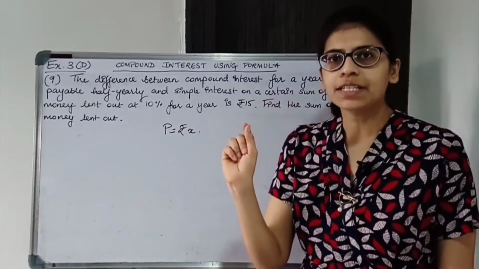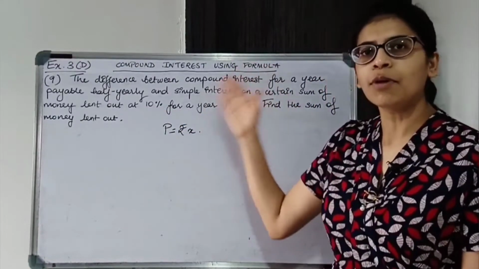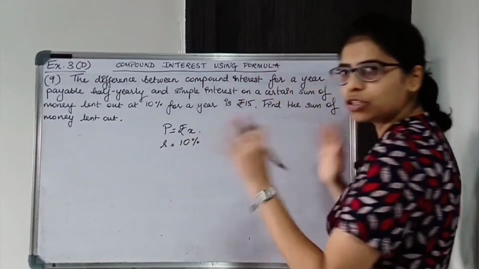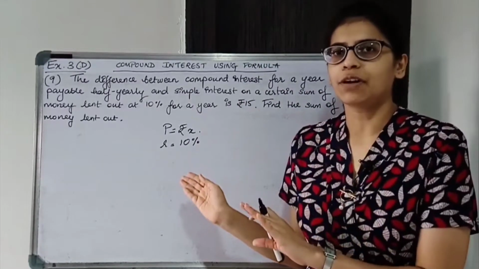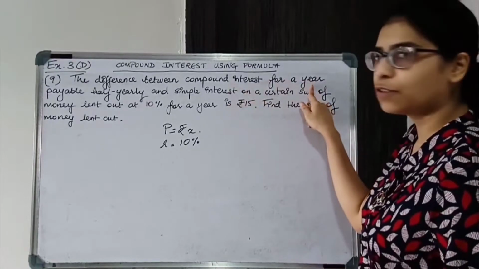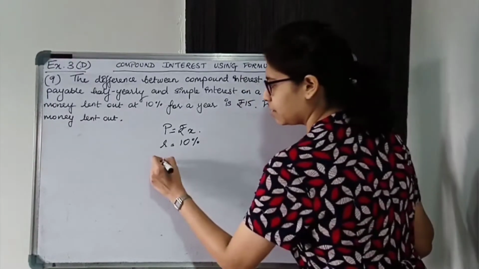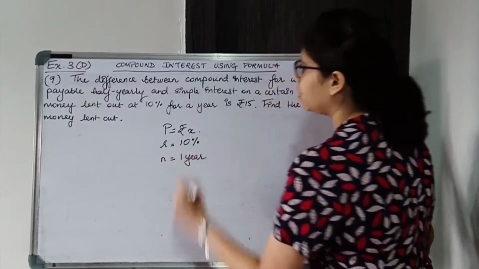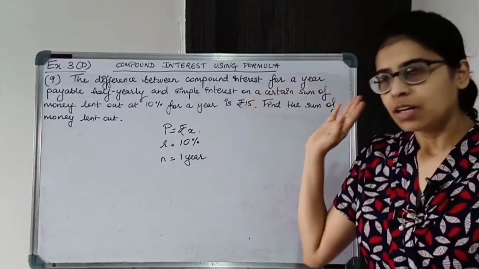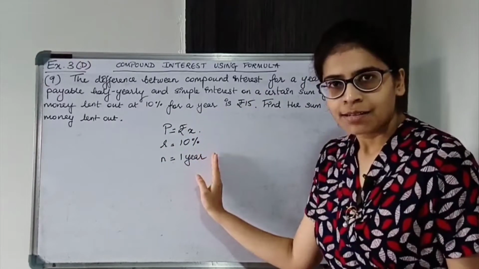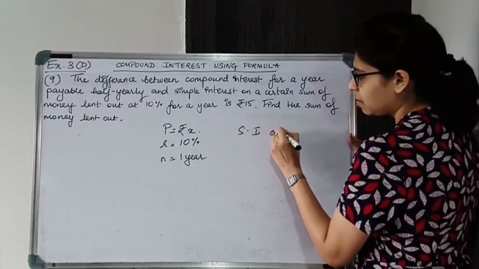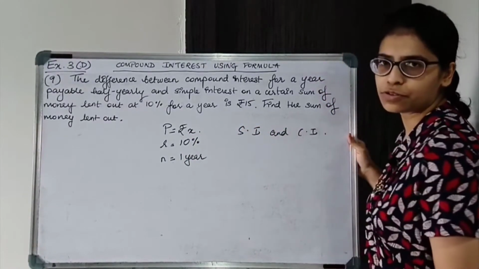R is 10% for both the cases, simple interest as well as compound interest. N is 1 year. So P, R, N is the same for both simple interest and compound interest.